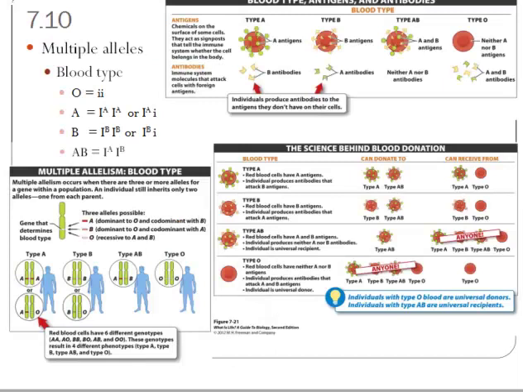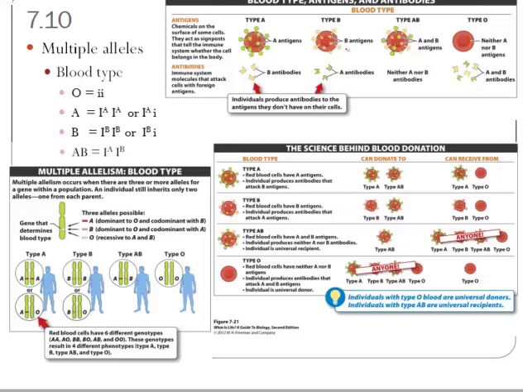An example of codominance shows up in blood type, and it also has multiple alleles in blood type. So with blood type, we have type A, type B, type AB, and type O. The differences in those blood types really is just sugars or antigens hanging on the outside of your red blood cells. So type A has a specific shape, in this case little balls.